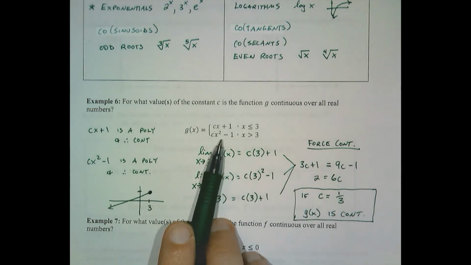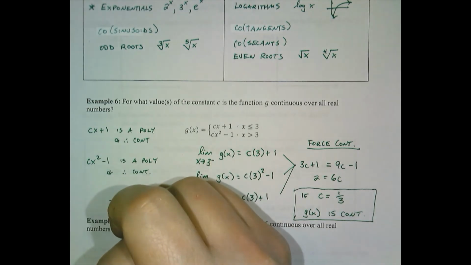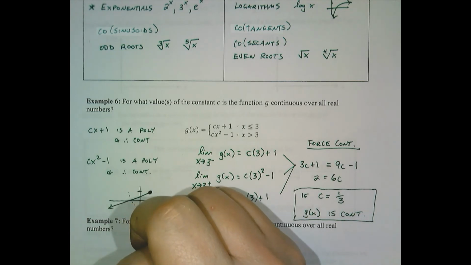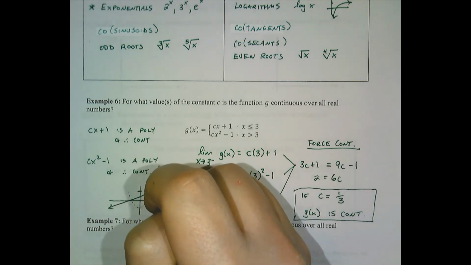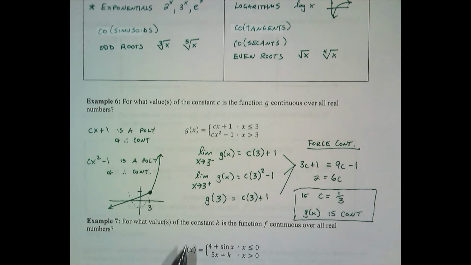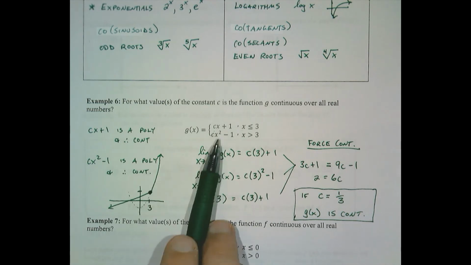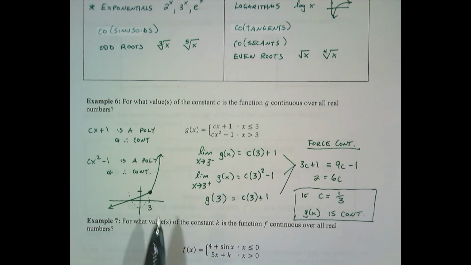And the bottom piece is a parabola that has been shifted down, so it probably does something like this. I'm dotting this half because it doesn't exist, and then it starts existing. Okay. So we've got the top linear function and the bottom parabolic curve, or quadratic curve.